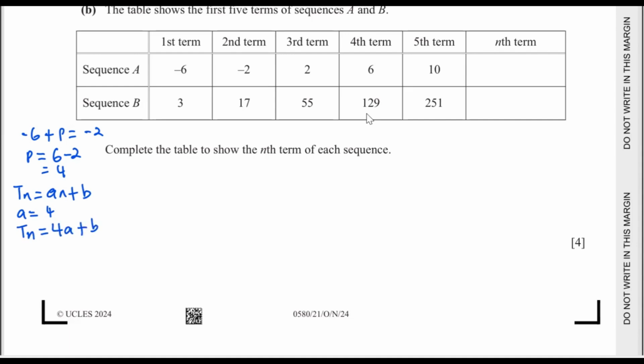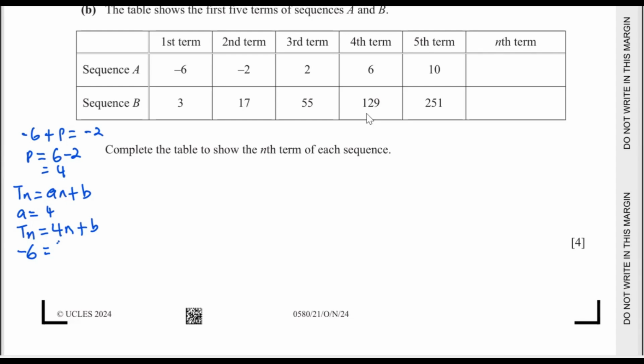Now the first term is minus 6, which is T1. Sorry about that, it is not 4a. This is 4n. Okay, beautiful.